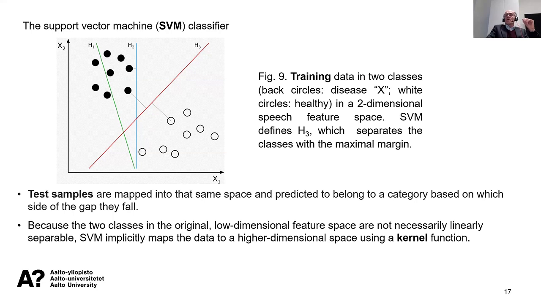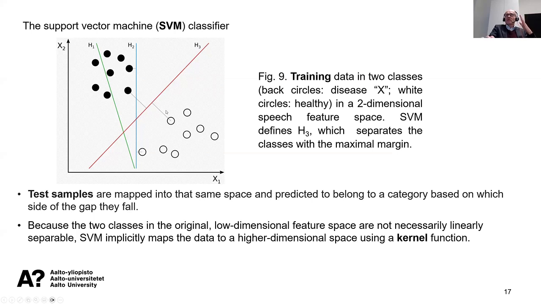And what the SVM does in the training phase is search for this red line, which is the optimal boundary between these two classes. That boundary can be defined by optimizing the distance between the two nearest samples of these two classes.